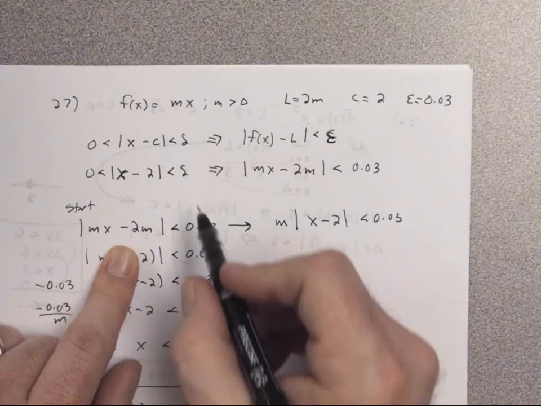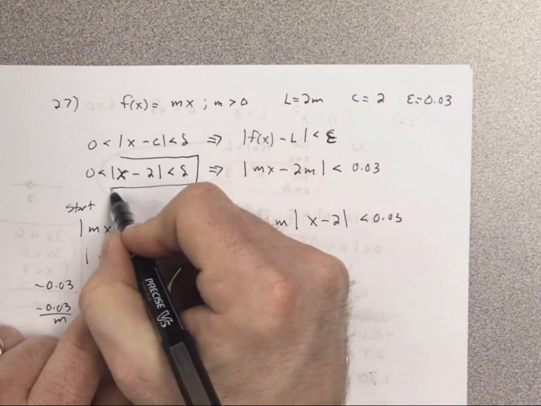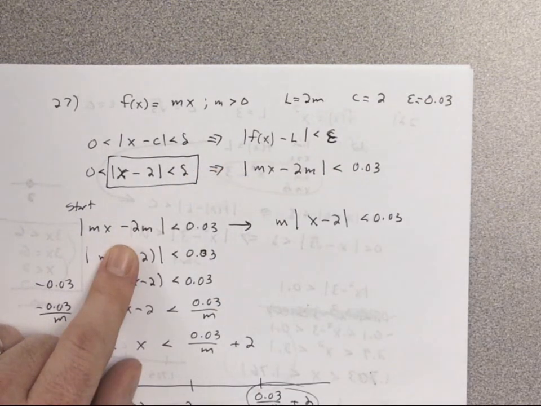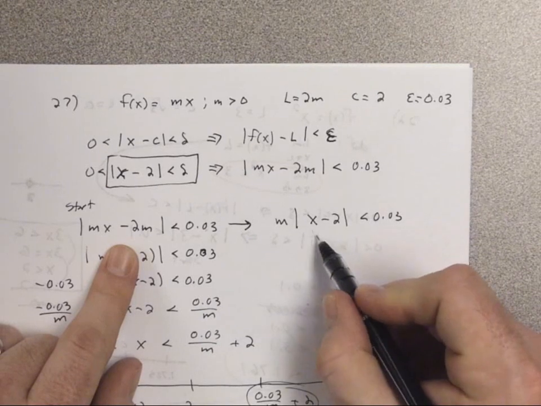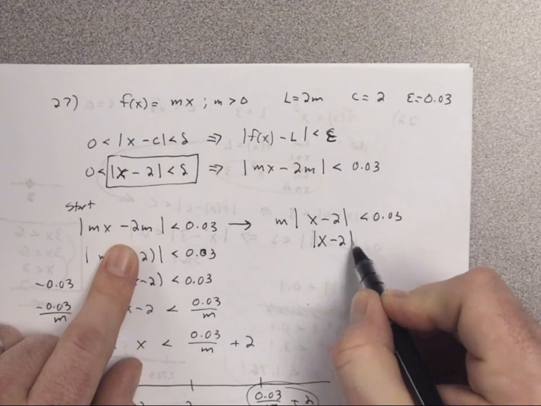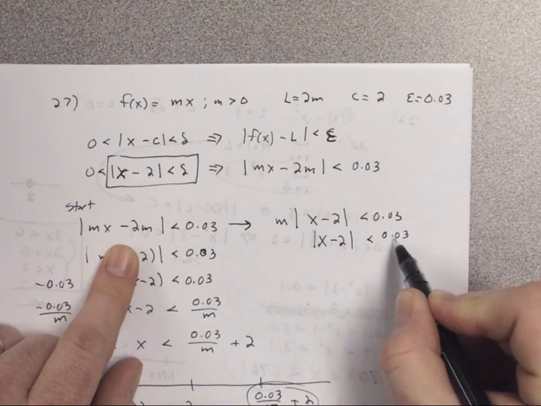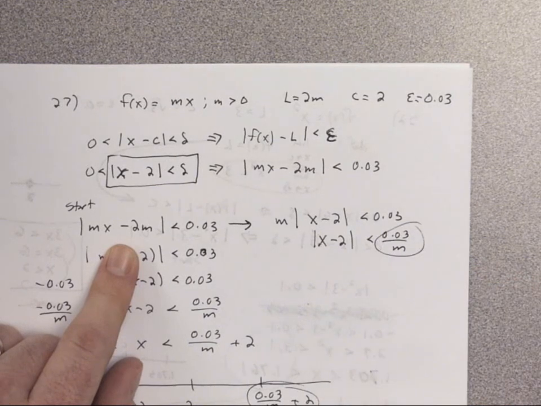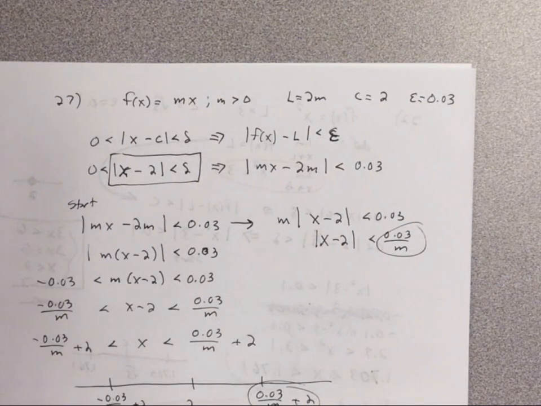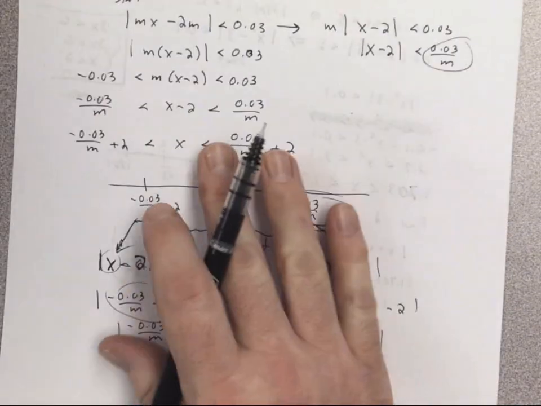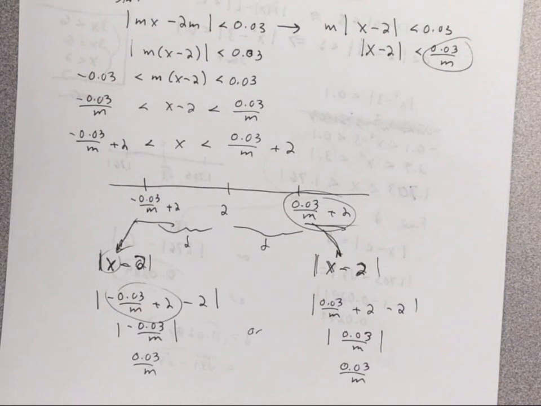And then if I isolate that absolute value, if I get something that looks like this, the absolute value of x minus 2 is less than something, that thing needs to be your delta, right? So if I divide by m, you're going to get that 0.03 over m, so that thing's your delta, isn't it? It only works for linears. You can pull stuff out like that, okay? So I know it's a lot quicker than what we just did, but this method here works for everything, even like radicals and squares and stuff like that.